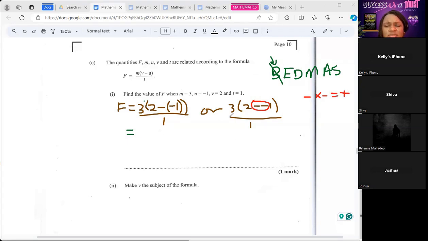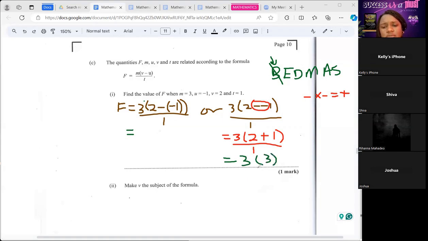I don't know why I was using it from this bracket, but anyway, I don't start there, I'll stay right here. So 3 open brackets 2 add 1. So then the sign will change, obviously. And we're still on brackets. We aren't done with brackets yet because the bracket hasn't been fully simplified. So when you have numbers inside the brackets, you can add, subtract, do whatever, right? So 2 add 1 is 3.